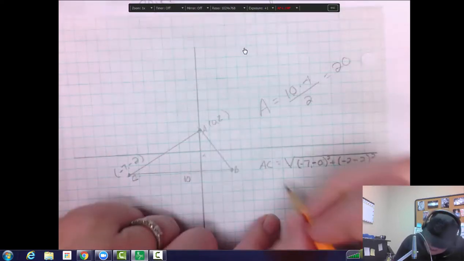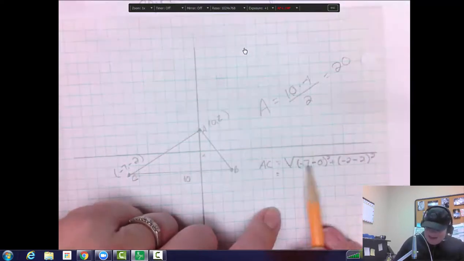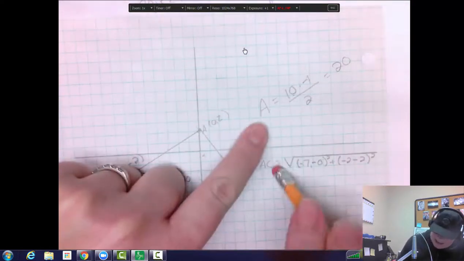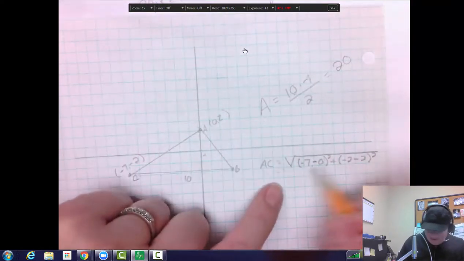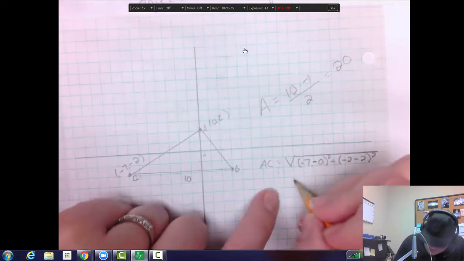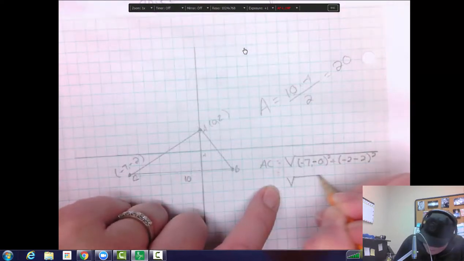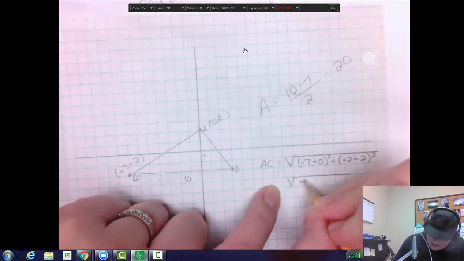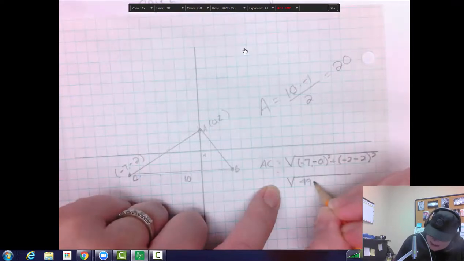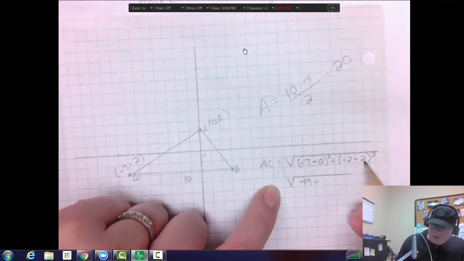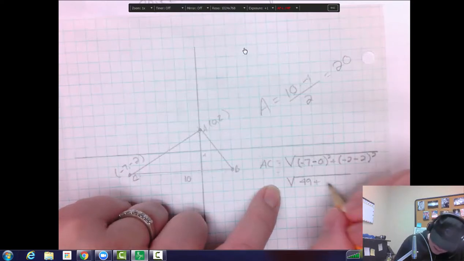So -7 minus 0 is -7. -7 squared is 49, plus -2 minus 2 is -4. -4 squared is positive 16.